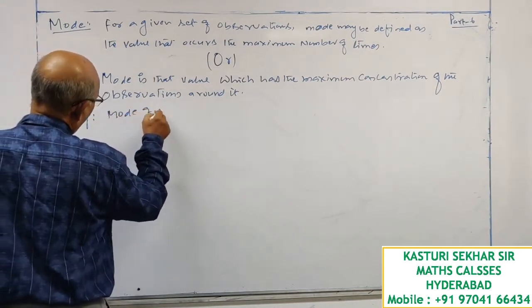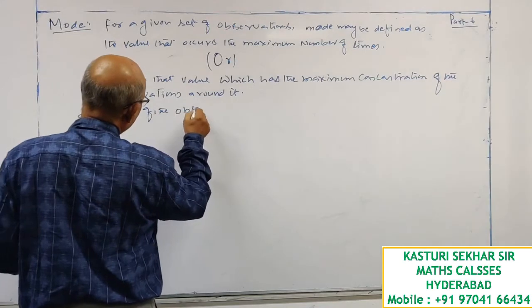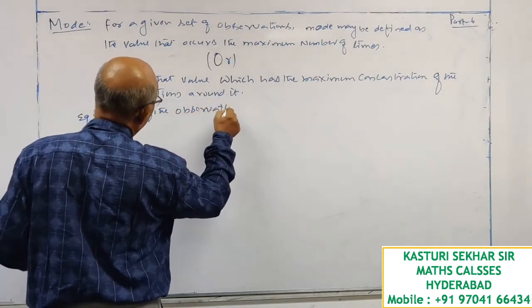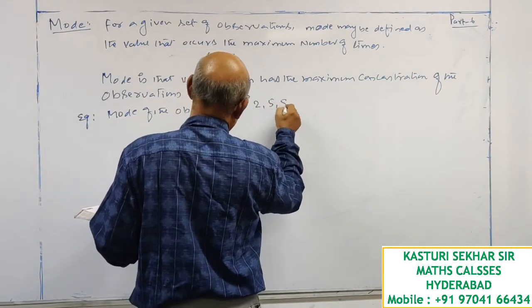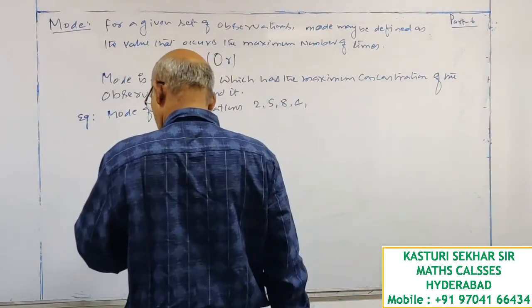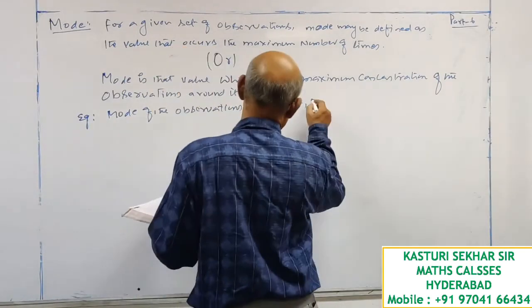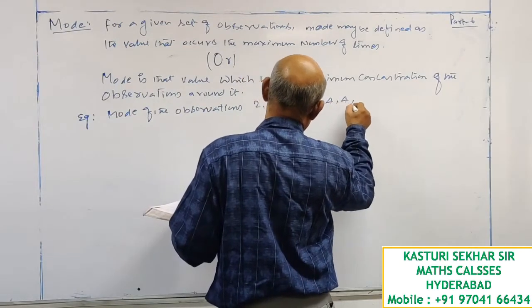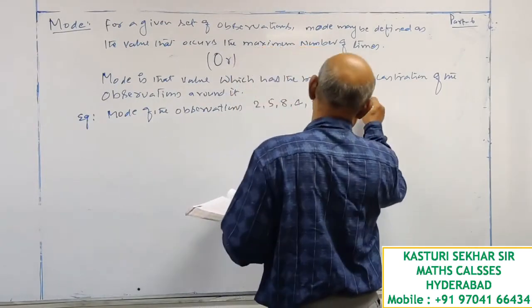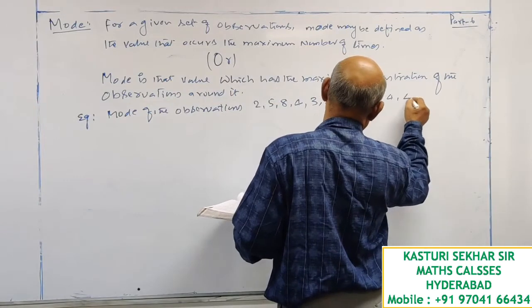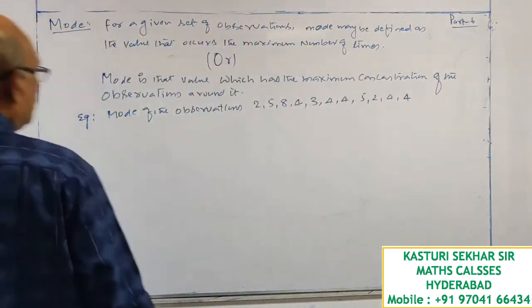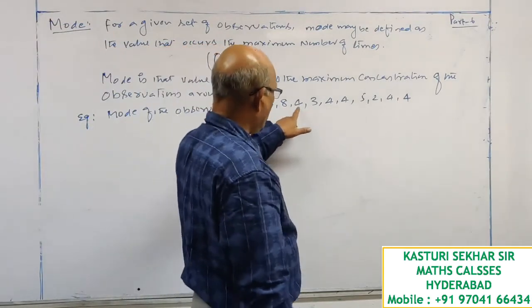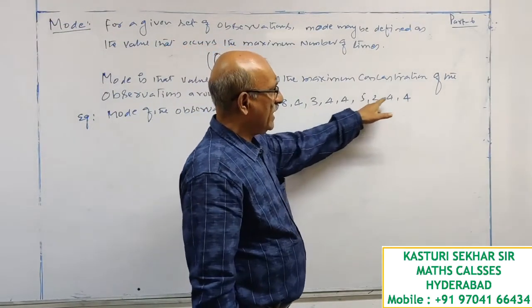Mode of the observations 2, 5, 8, 4, 3, 4, 4, 5, 2, 4, 4. This way some observations are given, 11 in total.